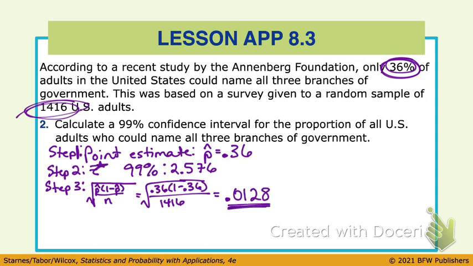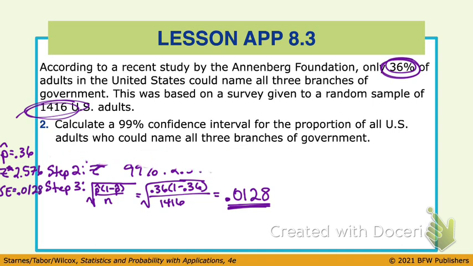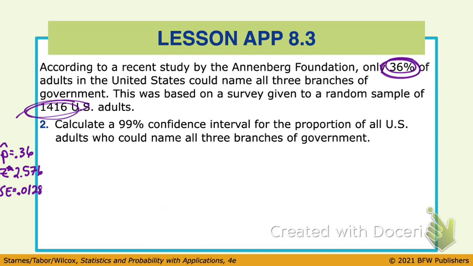Okay, and finally, we are going to construct the interval. I'm going to go ahead and erase this. Let's see. We had p hat was 0.36, our z star was 2.576, and our standard error was 0.0128. All right, so this is step 4.